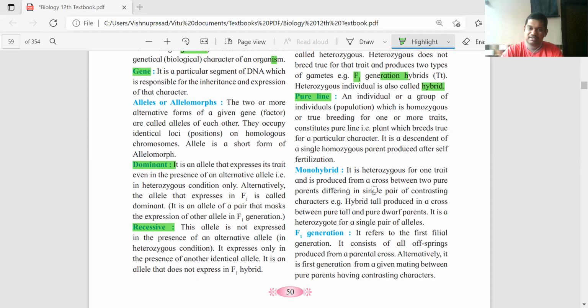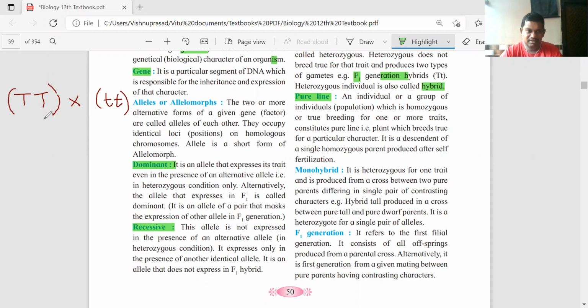Suppose there is one parent which is homozygous tall. We generally take the example of tall and dwarf for better understanding. If homozygous tall is crossed with another parent which is dwarf, both parents are homozygous for contrasting characters.